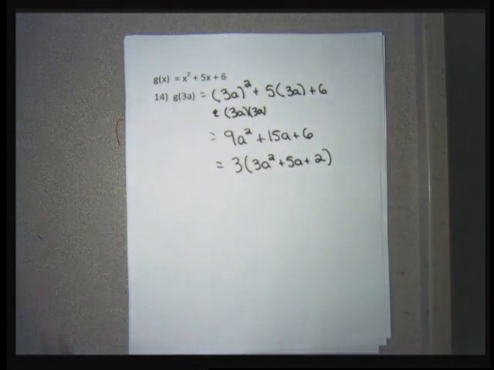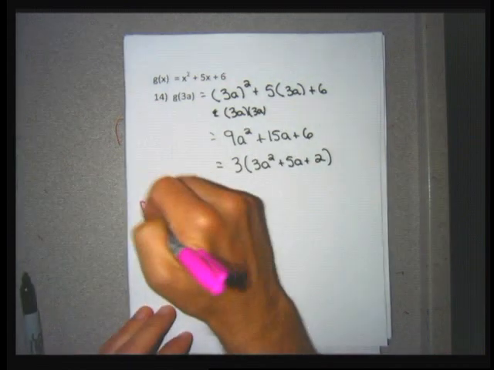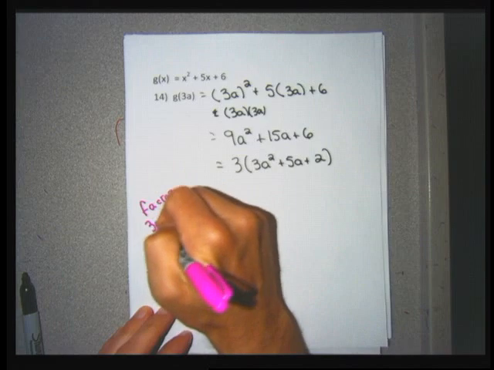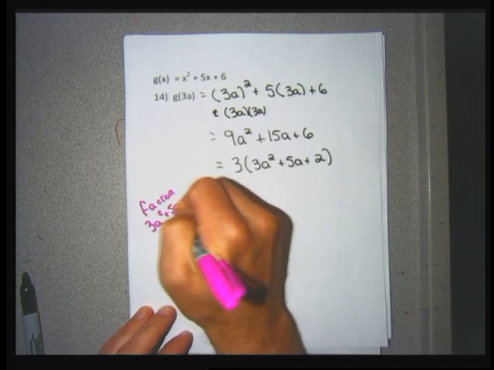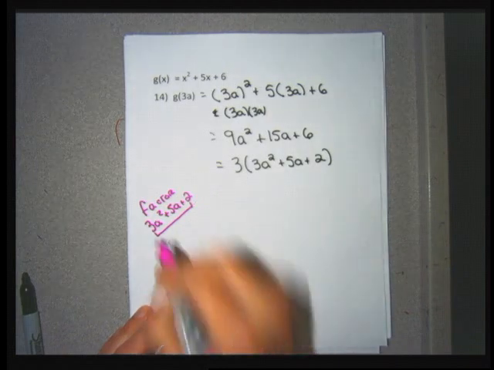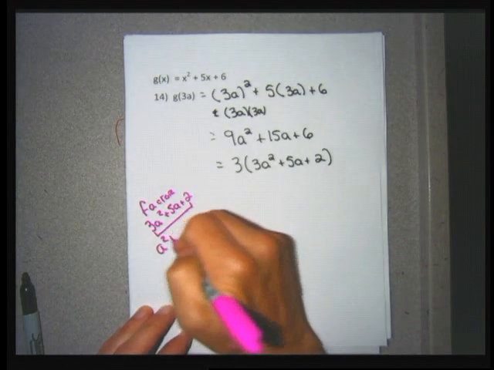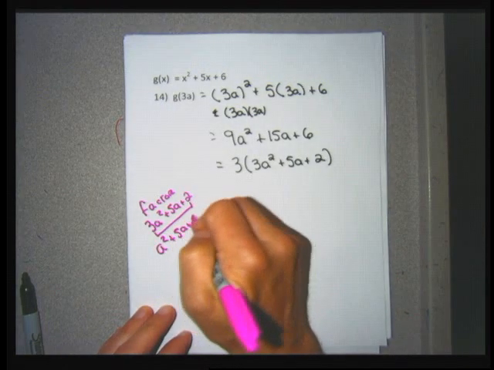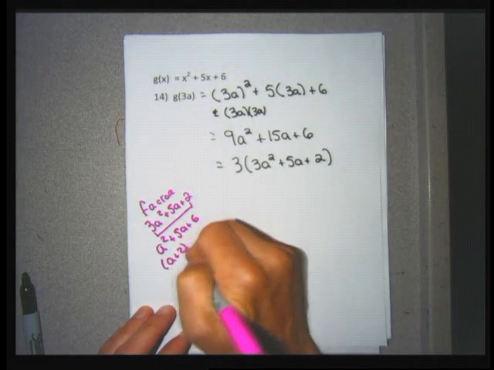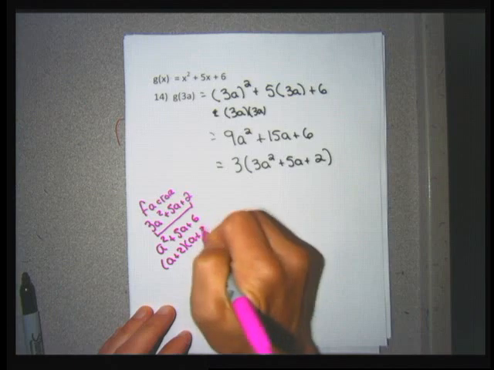And now I'm going to try to factor off to the side 3a squared plus 5a plus 2 using bottoms up, which means I'm going to multiply the 3 and the 2 and get a squared plus 5a plus 6. I'm going to factor this into a plus 2 times a plus 3.